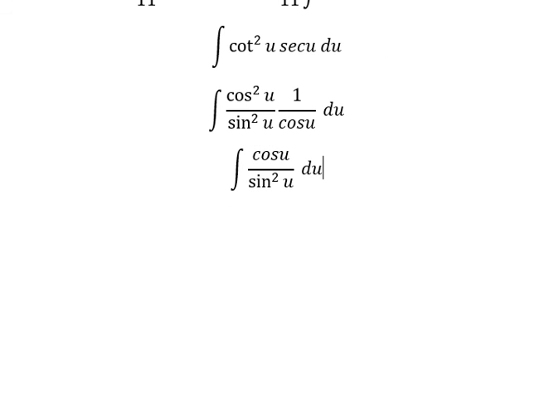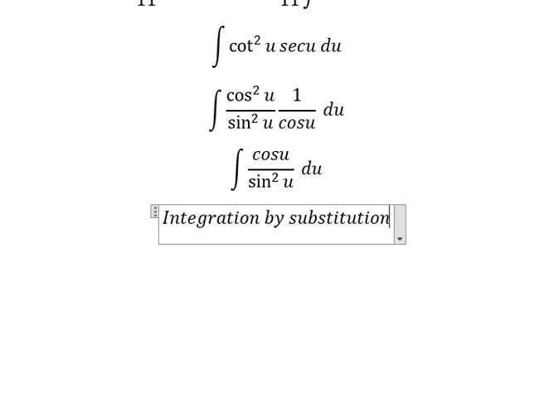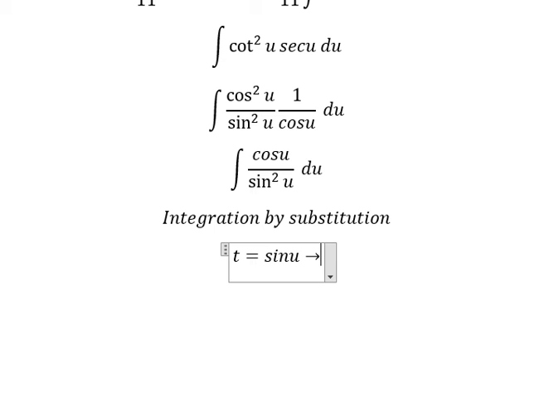Next, we need to use integration by substitution. So I will put t equals sine u. Later we take the first derivative of both sides, and you get cosine u du.